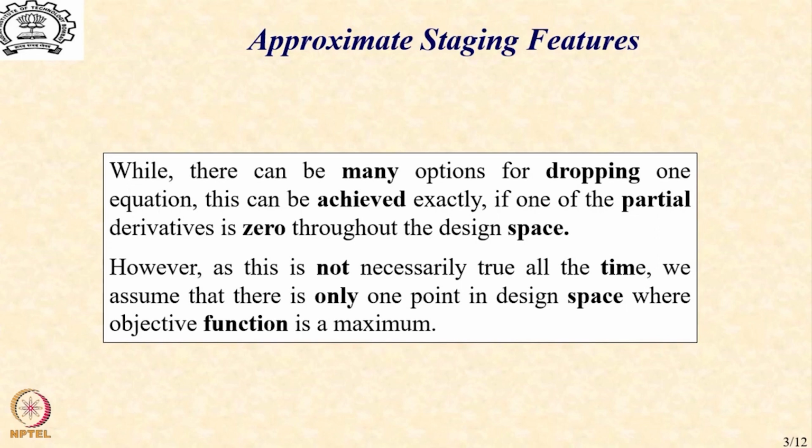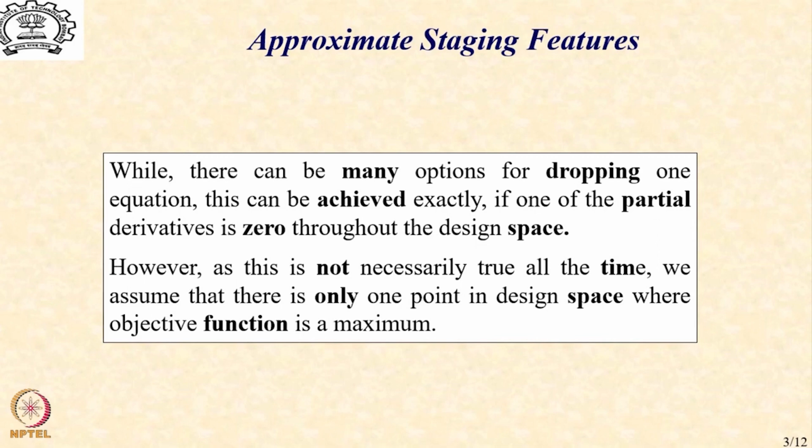The second point is, the design space may have multiple optima, in which case it is possible that we may pick a solution close to a local optimum but may completely miss a global optimum. However, with these two limitations, still the methodology has a reasonable value in trying to reduce the computational effort and still giving a reasonably good initial guess in situations where there is only one optimum in the design space.